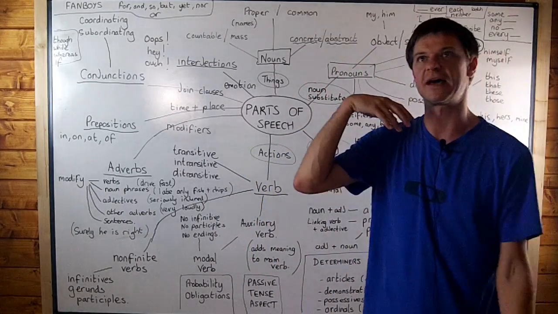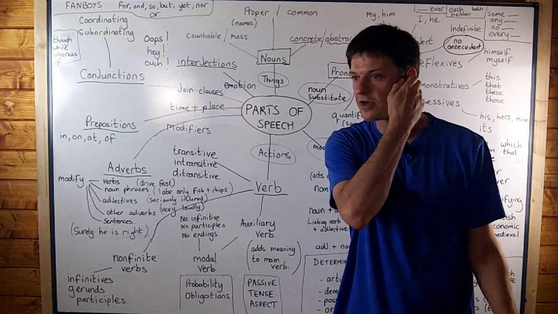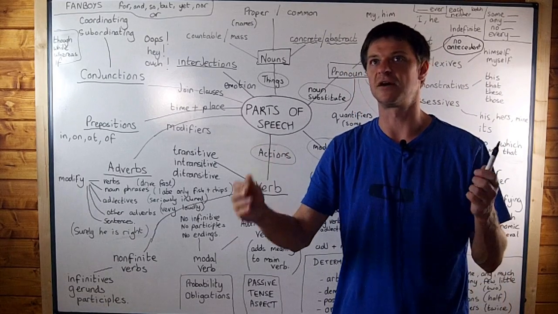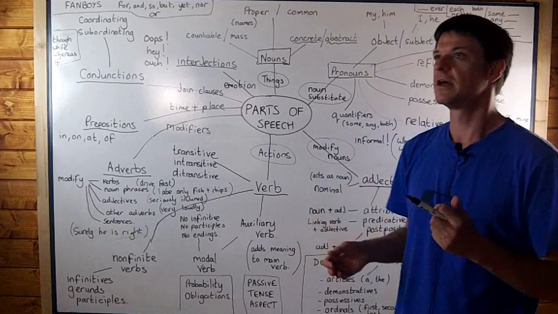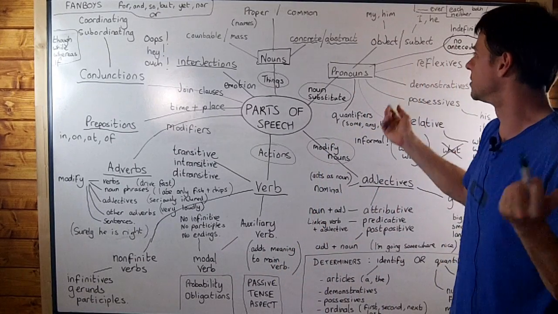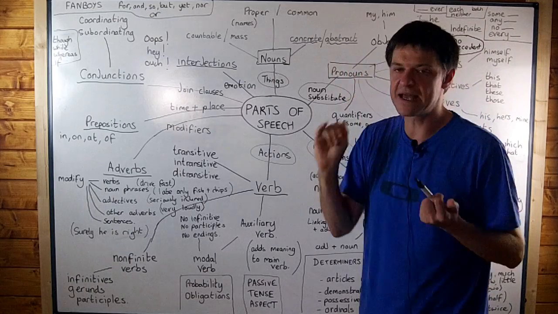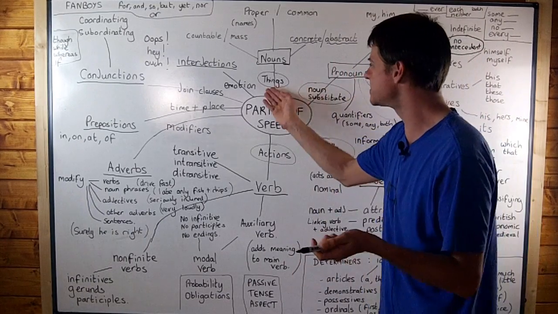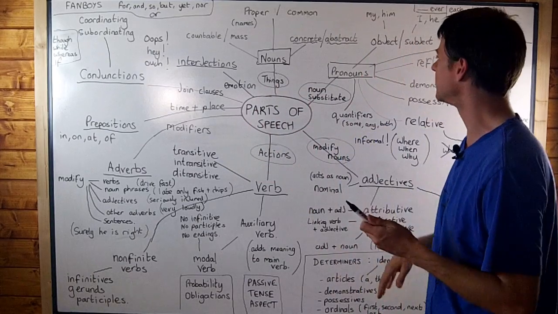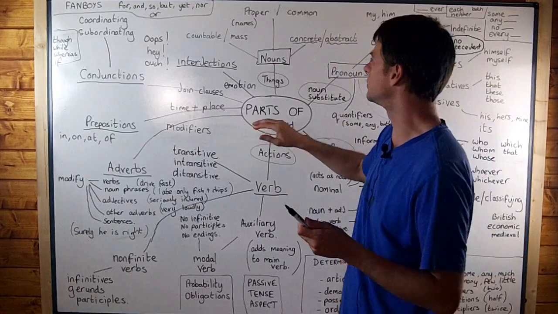Abstract means that it's not physical. So words like, for example, information, communication, emotion, these are abstract nouns. They're all nouns. Information is a noun, communication is a noun. It's still a thing, but it's not something you can touch. So we have abstract nouns and concrete nouns.